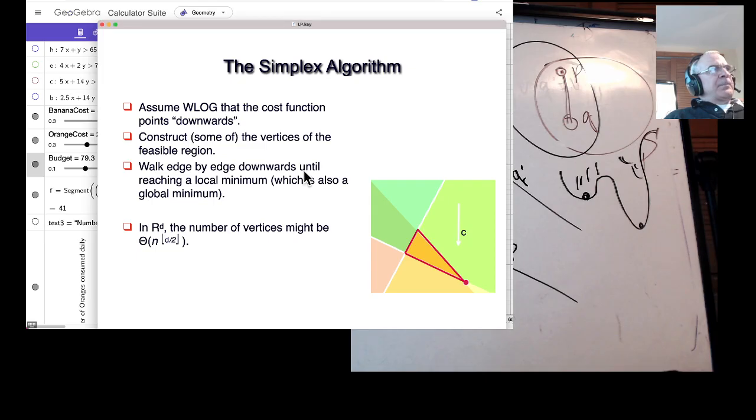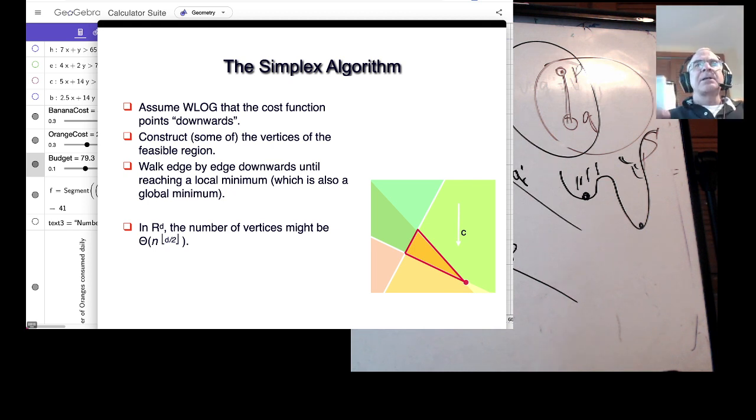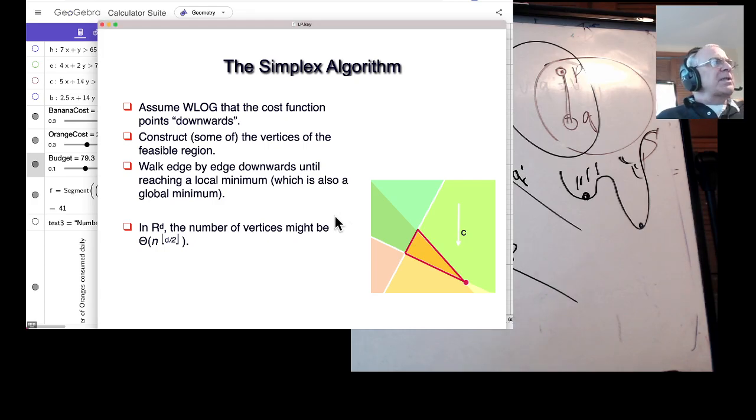But in 3 dimensions, you can still imagine what happens. That's just the intersection of half spaces instead of half planes. Let's take this little box. It has faces on its side, but my camera is so slim that you cannot see it right now. And the simplex just improves from one vertex to the next to the next.